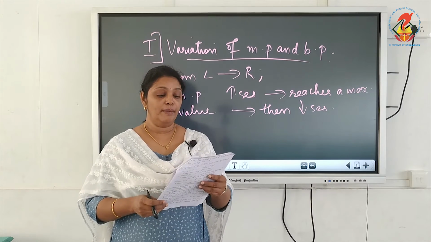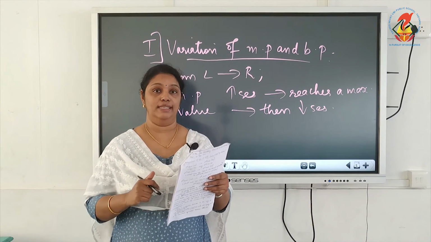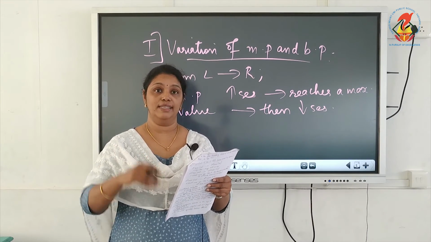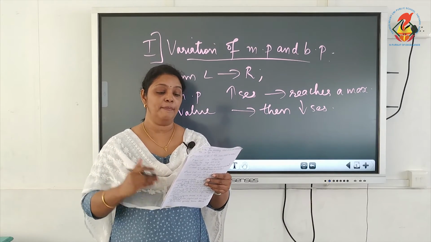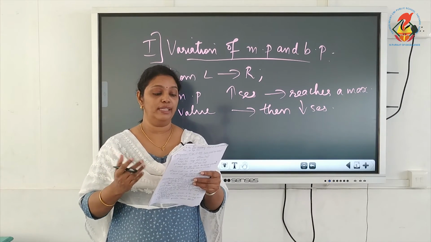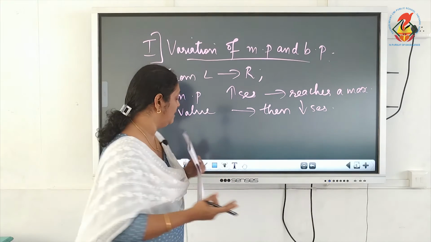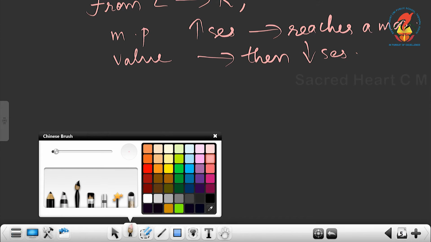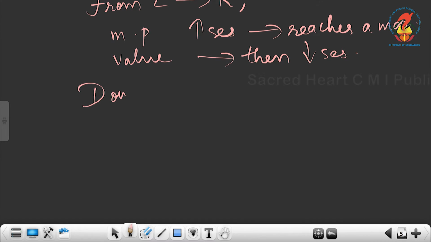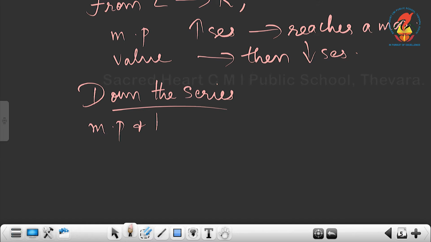Now when we compare down the series, different transition series, that is 3d, 4d, 5d, 6d, we can see that the melting point and boiling point increase.